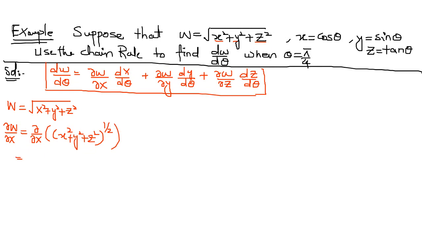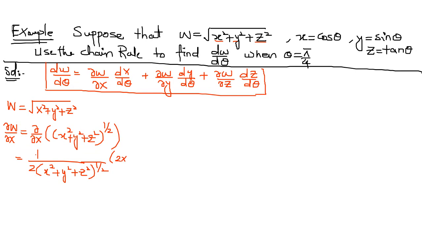Okay, so what is the derivative of this one? Square root derivative. You remember, for the square root we write 1 divided by 2 times this one, the same thing. Okay, and inside derivative with respect to x, x square derivative is 2x.